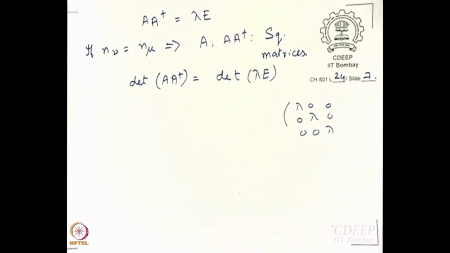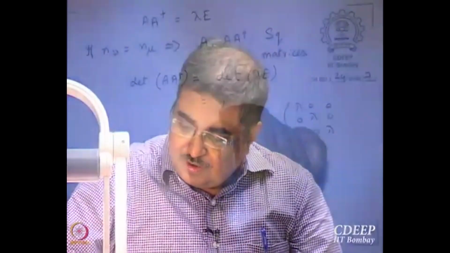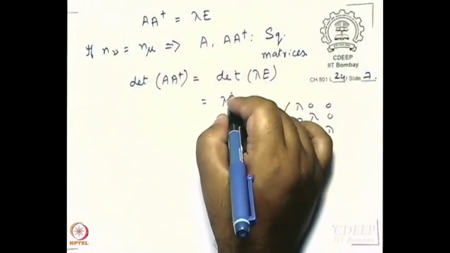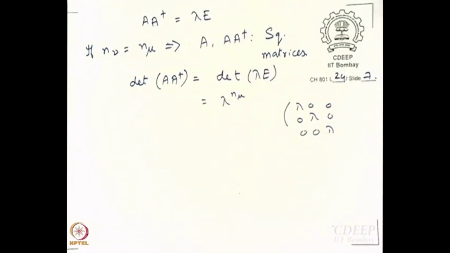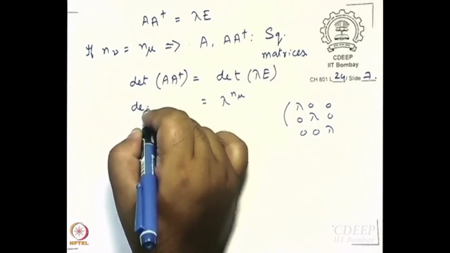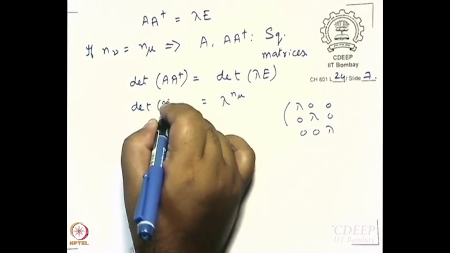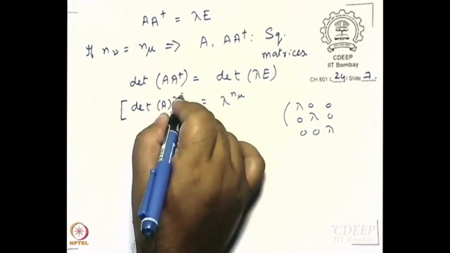Get the point, right? Lambda to the power n. Okay. So, this is going to be lambda to the power, you can write whatever you want, I will write n mu. I might as well have written n nu, it does not matter. But what about the left hand side? What is det A dagger? Will you allow me to write it as det A whole square?